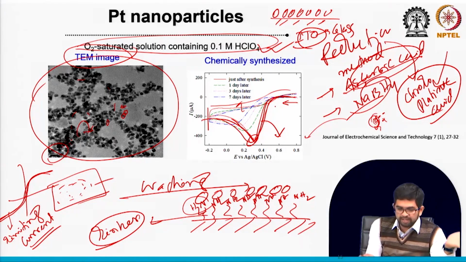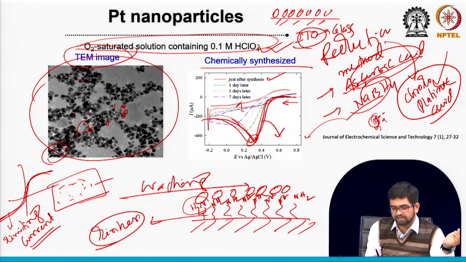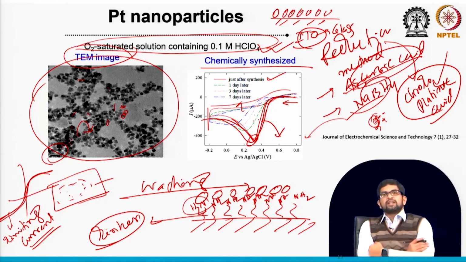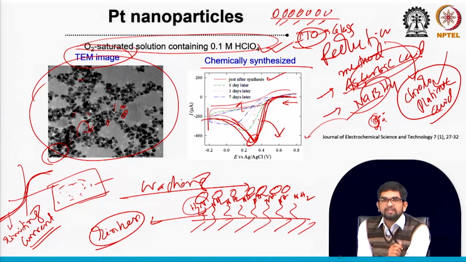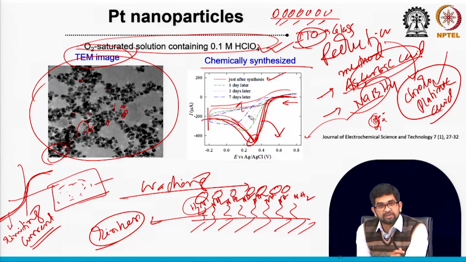Here also, as usual, like the chemically synthesized case, just after synthesis you can see very good reduction of oxygen. Then after 1 day, 3 days and 7 days, we again see some change in the case of the nanomaterial. Here we also kept the surface in the air, and this surface is also not that stable.